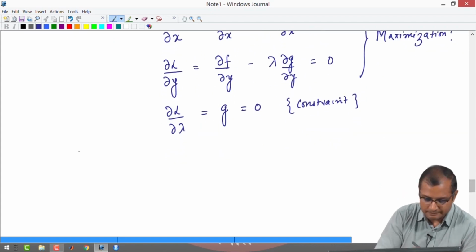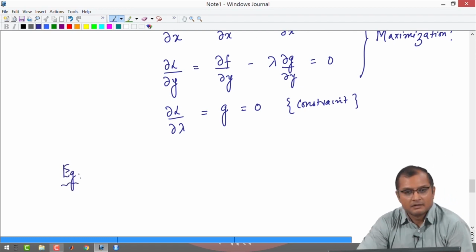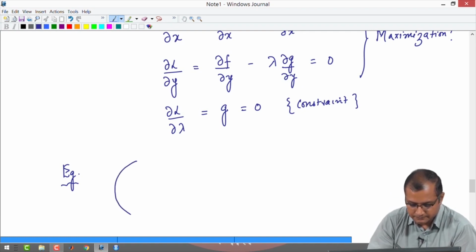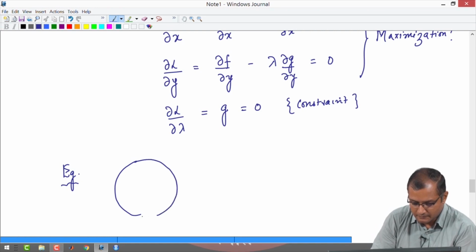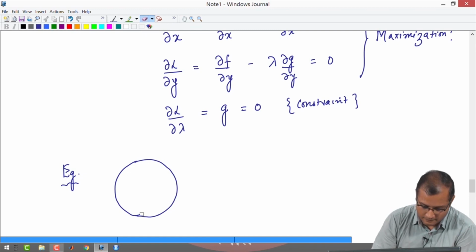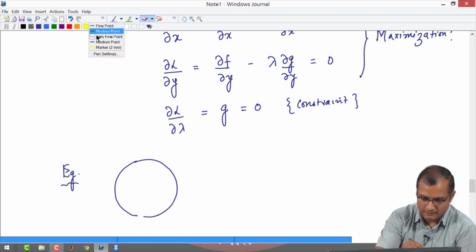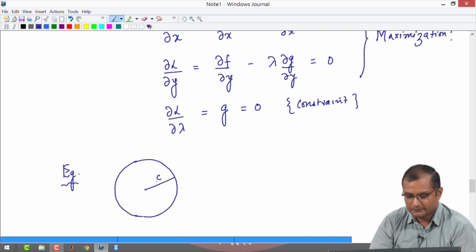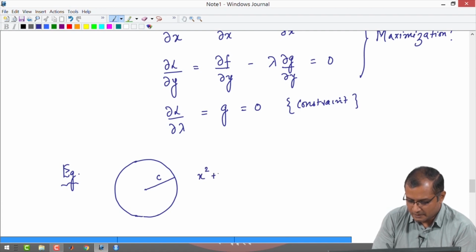Let us take a simple example. If you take a circle, let this be a circle of some radius c. So, the equation of the circle is x square plus y square equals c square.